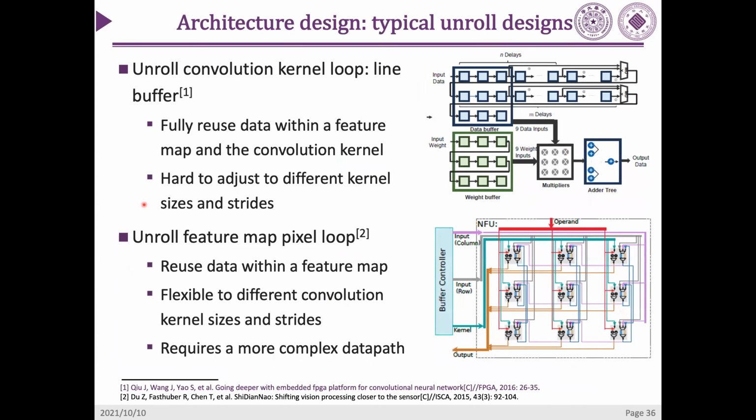And the third is the typical, I try to introduce some of the typical unrolling designs. You can see the first one is the unrolled convolutional kernel using the line buffer. That is, you design this kind of buffer and the input data goes through linearly.